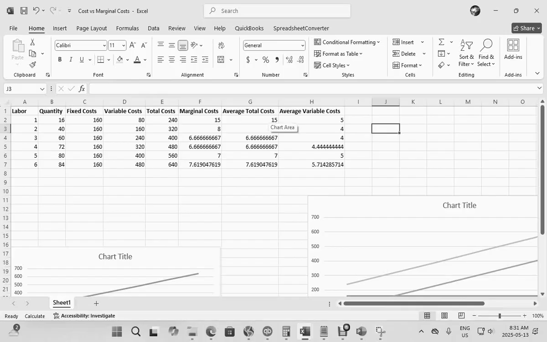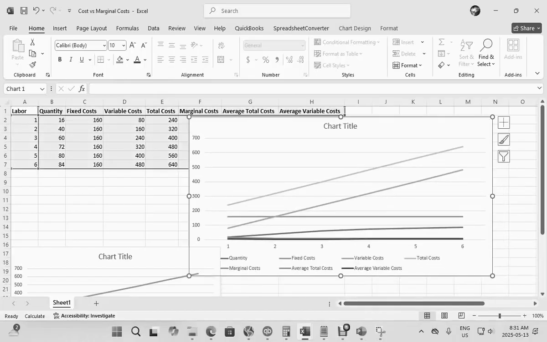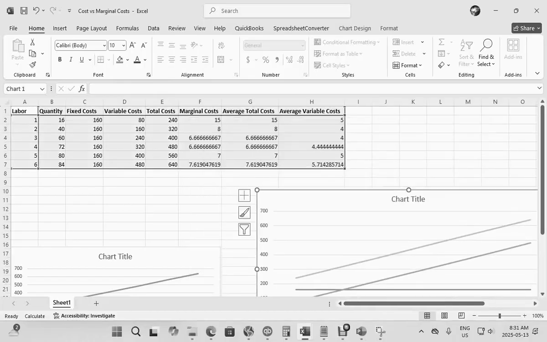This is basically using your formula. When it comes to your average total cost, it will be the same curve as your marginal cost. And your average variable cost will be less than your average total cost.